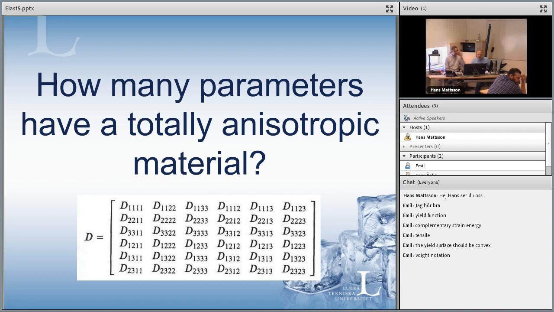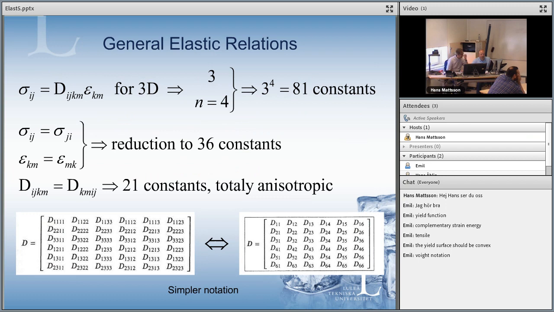How many parameters have the totally anisotropic material? Is that your final answer? Wait, 81.